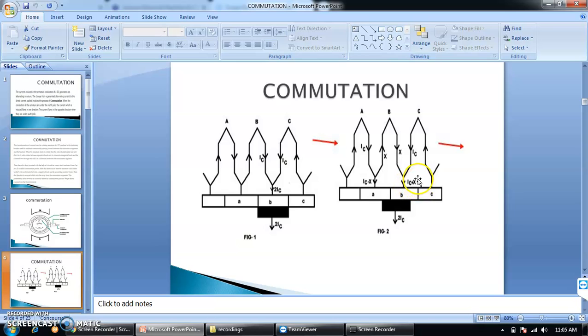That means IC into X fraction, and similarly IC into the remaining fraction. That means IC into 3/4 and IC into 1/4. This IC into 1/4 amount of current is getting a short circuit path through here, as it is covering only 1/4 of segment A, and as it is covering 3/4 of segment B, IC into 3/4 amount of current will be getting a short circuit path from both segment A and segment B through this carbon brush.